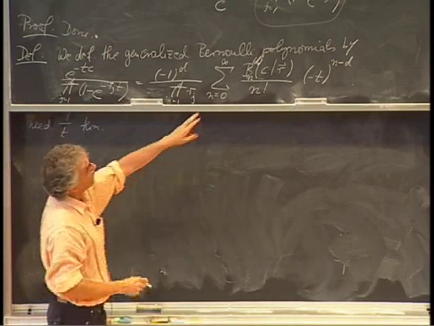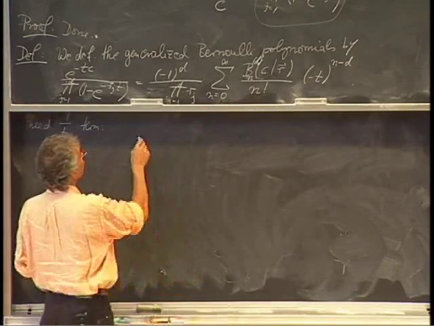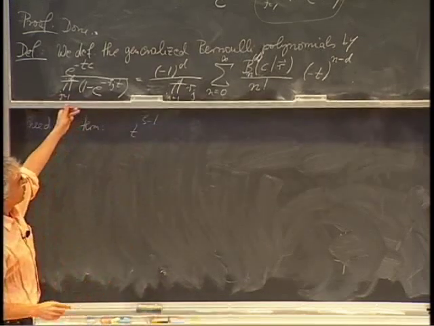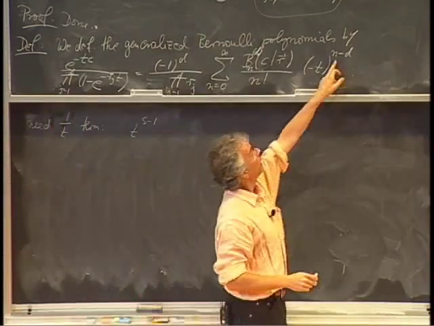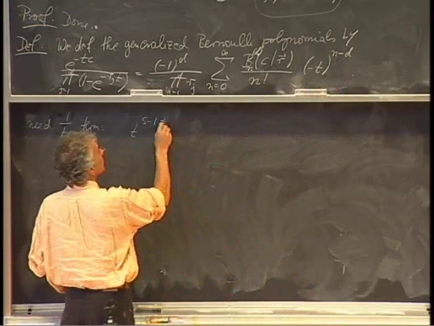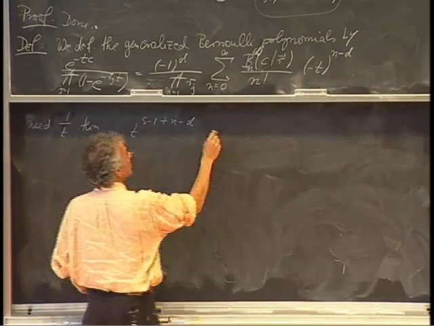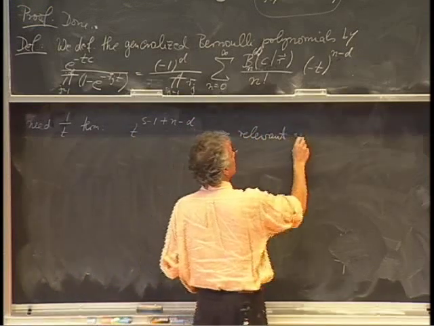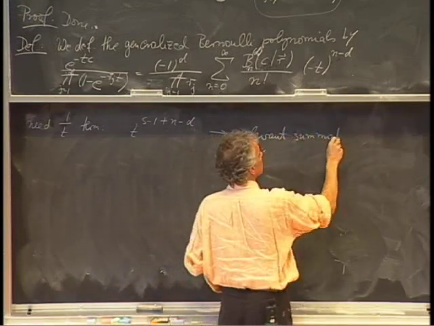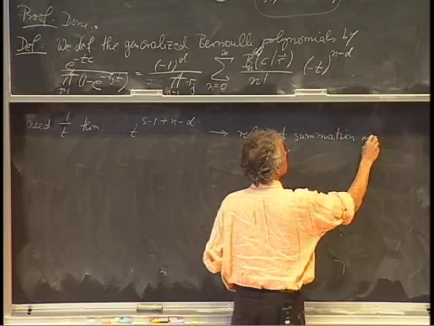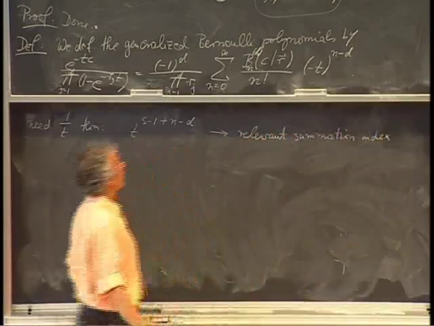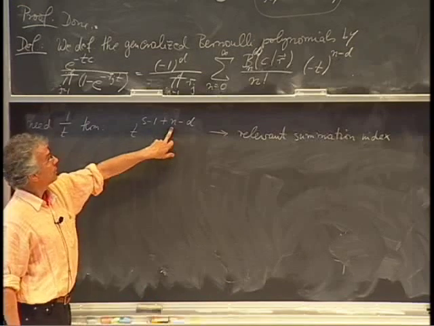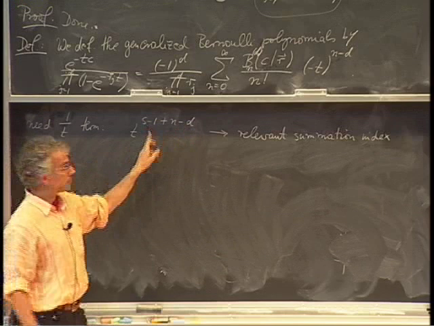a particular summation index. The power that we have is t to the s minus 1 plus n minus d. Which shows that the relevant summation index that we will need is d minus s.